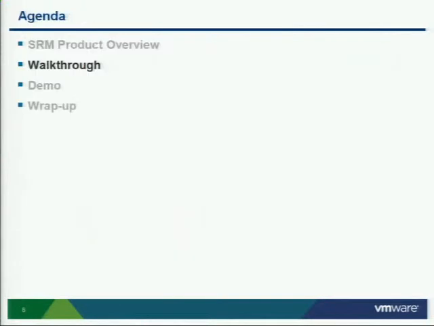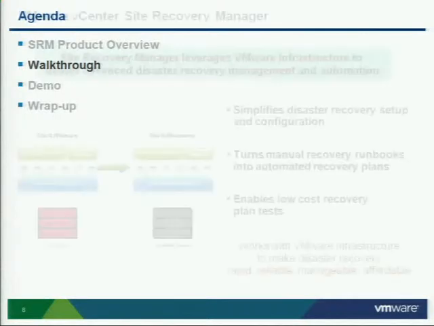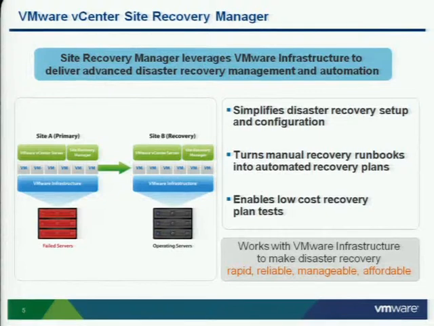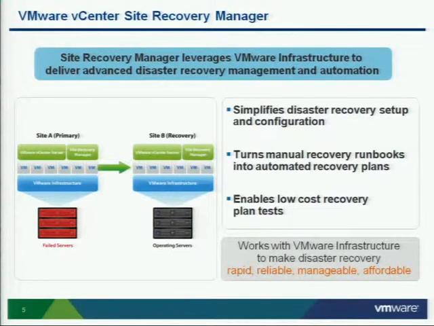One more thing about this slide. Another thing that I want to cover is an important thing about the way SRM works. There are several options, but the one that it's really designed to work best in is to have two data centers that are each protecting each other.